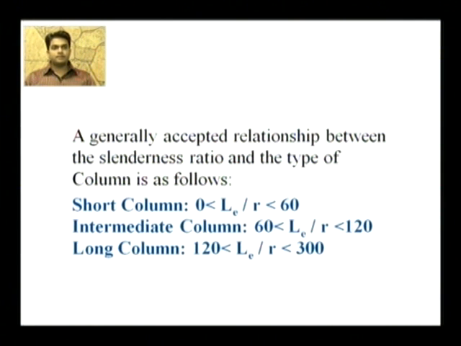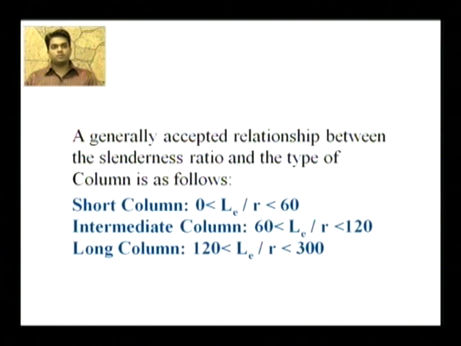A generally accepted relationship between the slenderness ratio and the type of column is as follows. जैसे मैंने आपको शुरू में बताया था कि हम स्लेंडरनेस रेशो की एक लिमिट के अकॉर्डिंग बता सकते हैं कि कॉलम शॉर्ट है, इंटरमीडिएट है या लॉन्ग है. सो अगर स्लेंडरनेस रेशो 0 से 60 के बीच में आती है, then we will say that the column is a short column. अगर स्लेंडरनेस रेशो LE by R 60 और 120 के बीच आती है, then we will say that the column is of intermediate length.